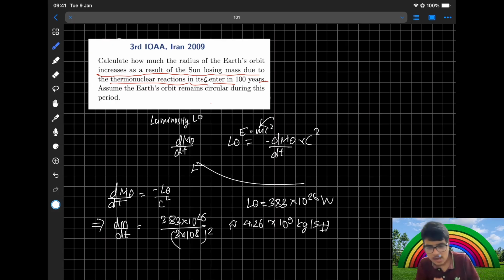So what is the mass lost in 100 years? Convert 100 years into seconds. It comes roughly to 3.156 times 10 to the power 9 seconds. Just multiply 100 with 365.25, then 24, then 3600.